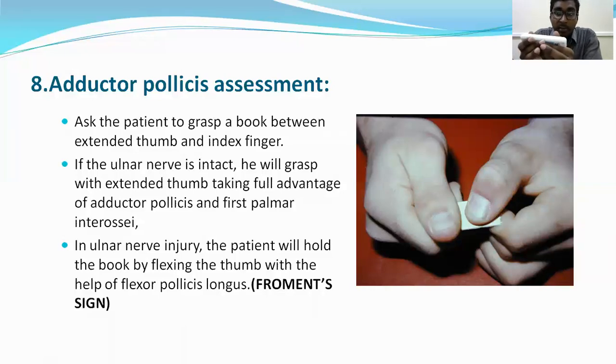So the patient will hold by flexing the interphalangeal joint instead, because the adductor pollicis is paralyzed. So with the help of flexor pollicis longus, he is holding the book. Flexor pollicis longus holds the book, but it flexes at the interphalangeal joint. So in this case, we observe ulnar nerve injury. This is called Froment sign.